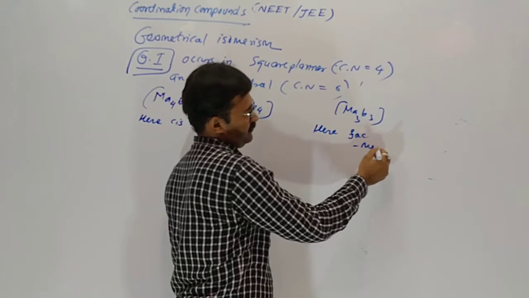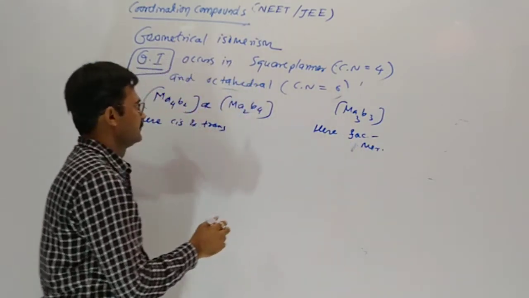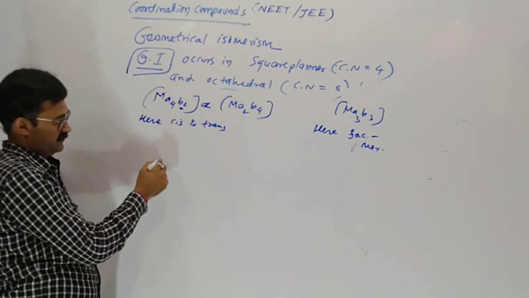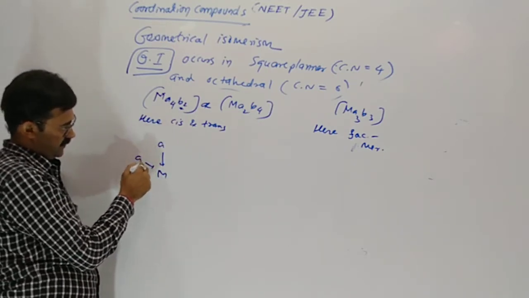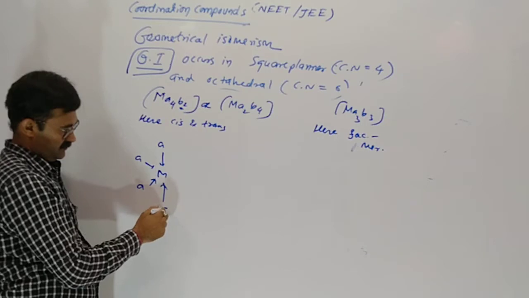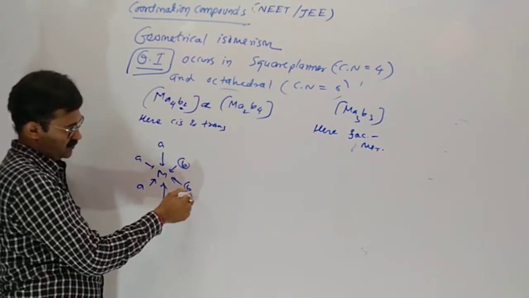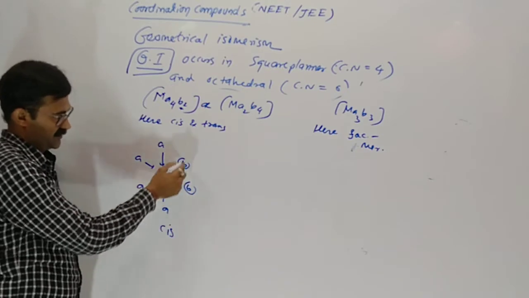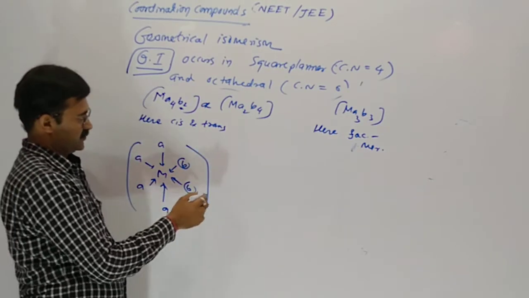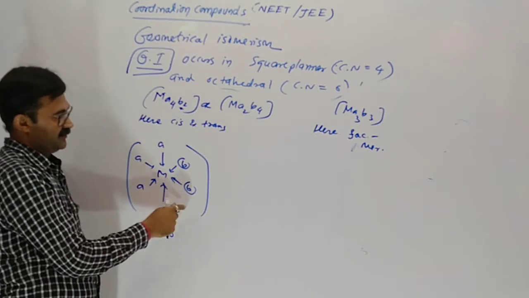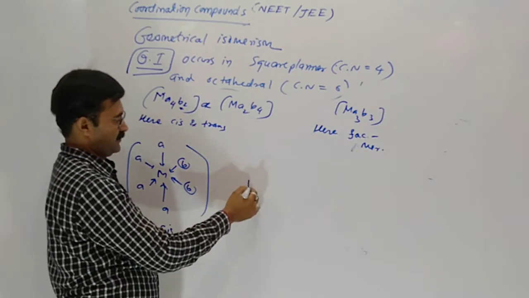Here on the basis of B, two A are very close, the four A and two B are close to each other, so cis. And the two B here or here at 90 degrees, so cis.